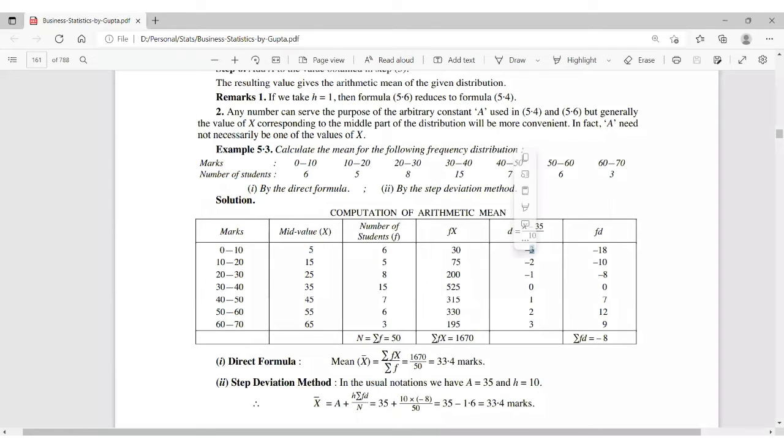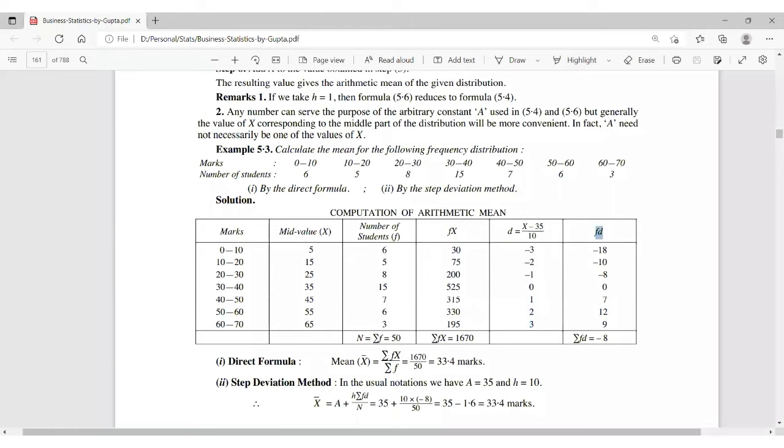Similarly, for all values we got these values. For 15, 15 minus 35 is minus 20, divided by 10, that is minus 2.